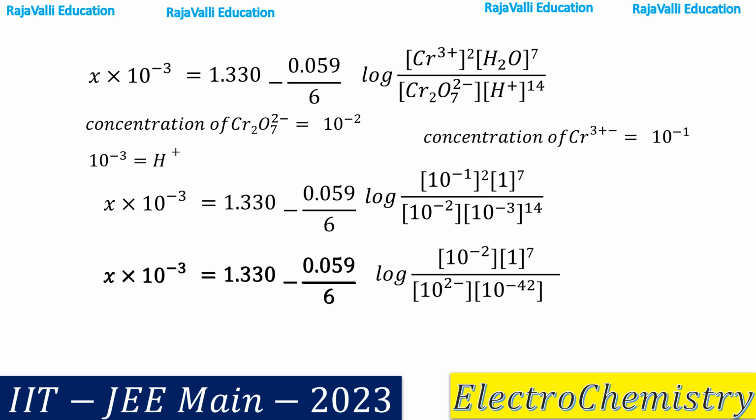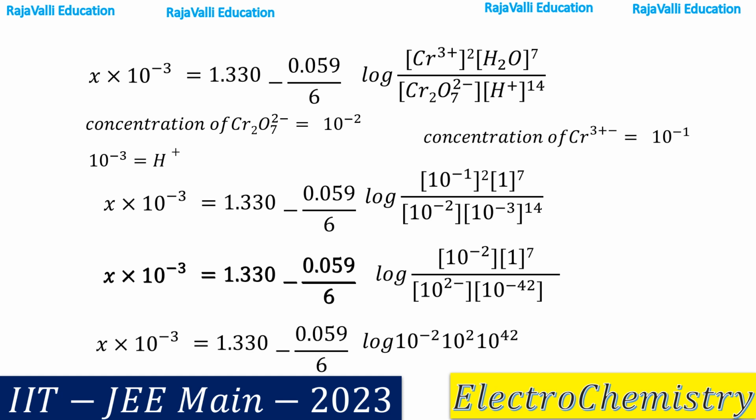Now we move the denominator values to the numerator according to the division law of exponents. So we get 10 to the power of minus 2 into 10 to the power of plus 2 into 10 to the power of 42. This we can take as 10 to the power of minus 2 plus 2 plus 42 because the bases are the same. So on simplifying these values, we get 10 to the power of 42.